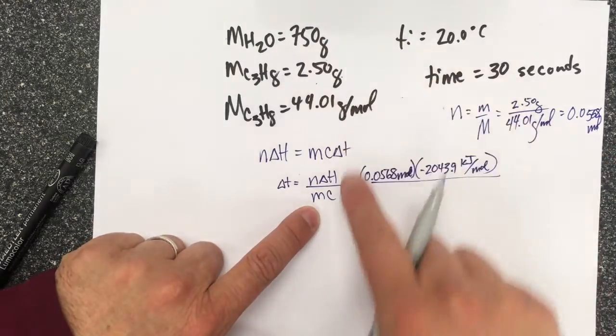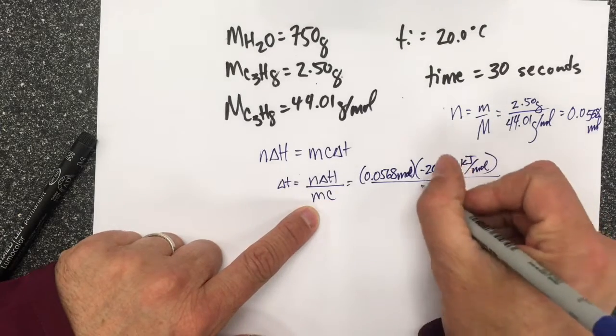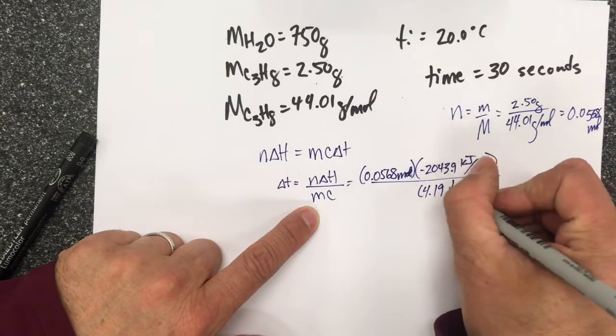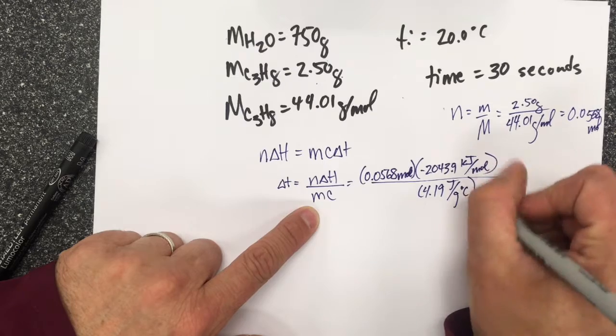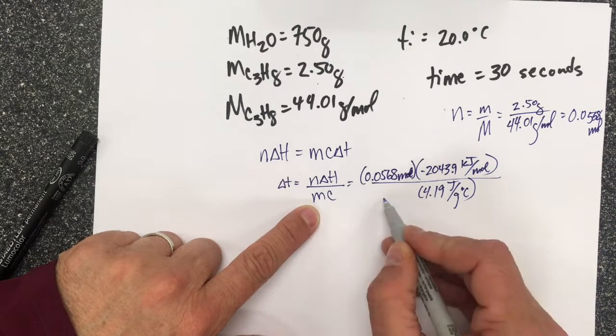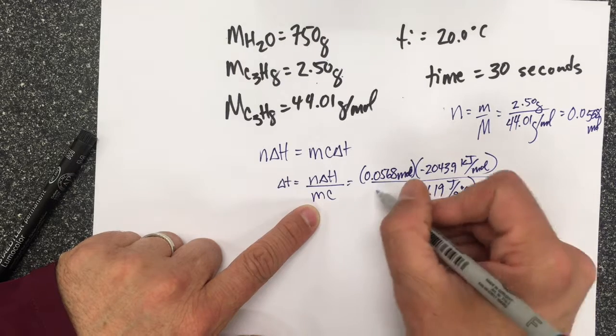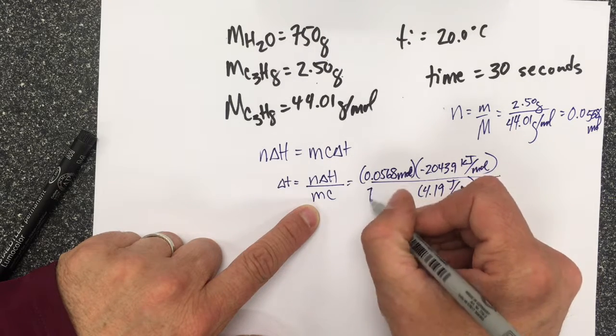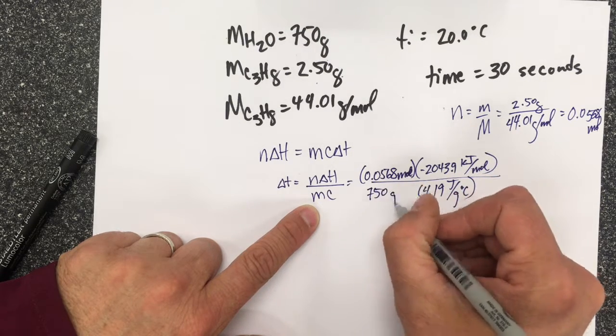Now we have two masses, but this is the specific heat capacity of water, and so this needs to be the mass of the water. So it's going to be 750 grams.